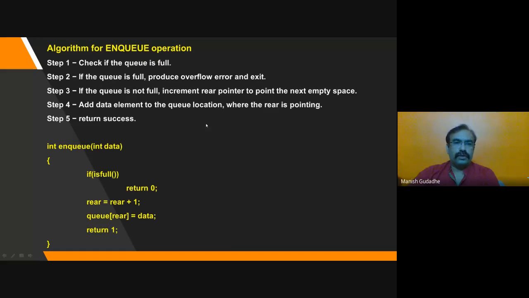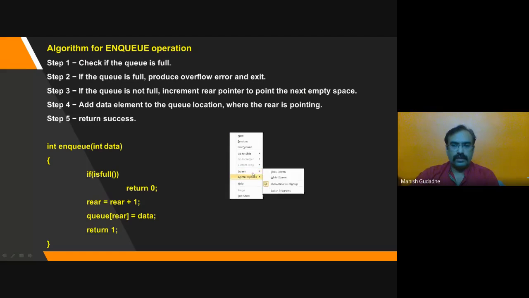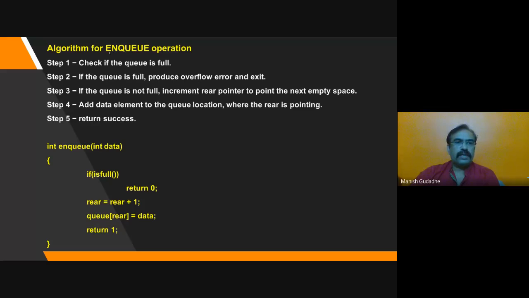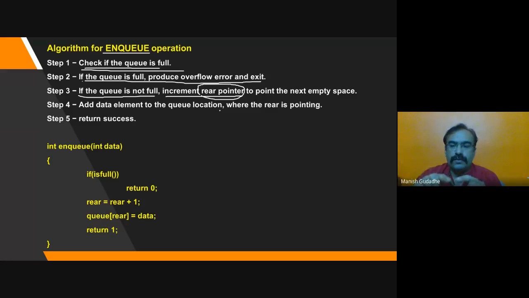So what we are actually doing here, that's what we have written in the algorithmic form. That is the NQ operation. When we want to add some element, check if the queue is full. When will the queue be full? When R is pointing to the last element, or R is greater than size. If queue is full, produce an overflow error, and if queue is not full, increment the rear pointer so that it will point to the next empty place in the queue.